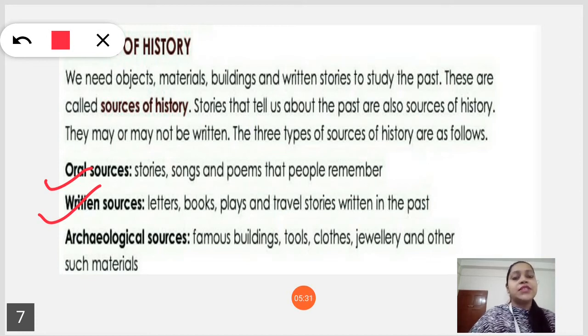So written sources are the various writings, like in the form of letters, books, dramas. Plays means dramas, and travel stories which were written. Oral is just being told by the mouth, orally, but written is where it was written. So it was written before, and it helps to tell us what happened during that time.